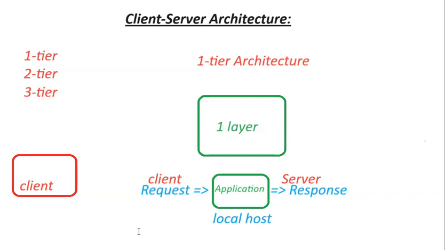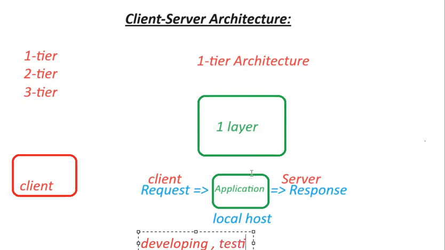Now you can tell me, in which cases do I use single tier architecture? For developing purposes, can I use this single tier architecture? Yeah. For small scale applications, while developing certain code, this single tier architecture is sufficient.